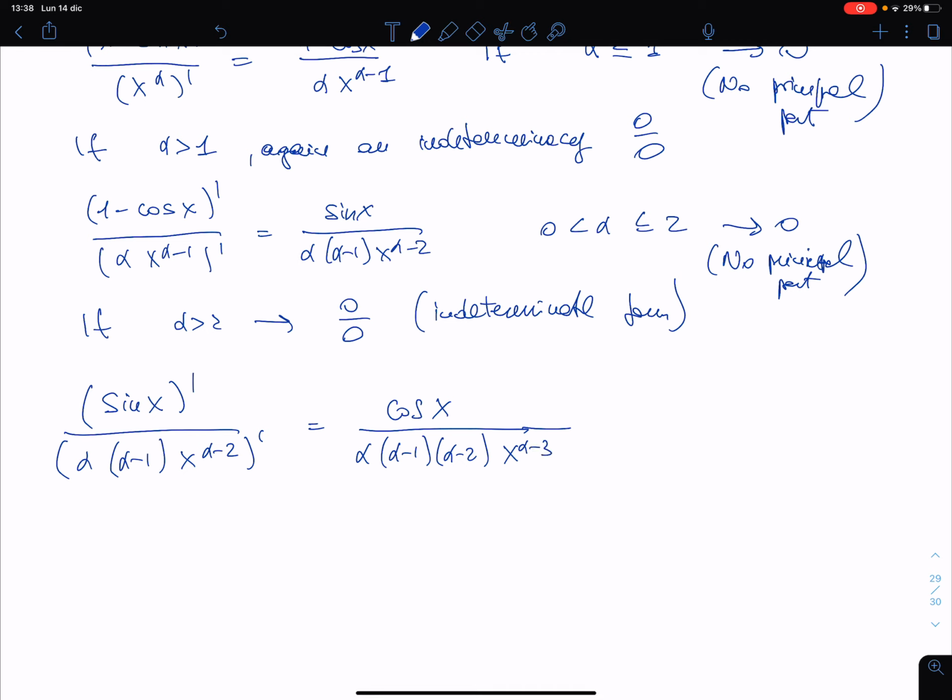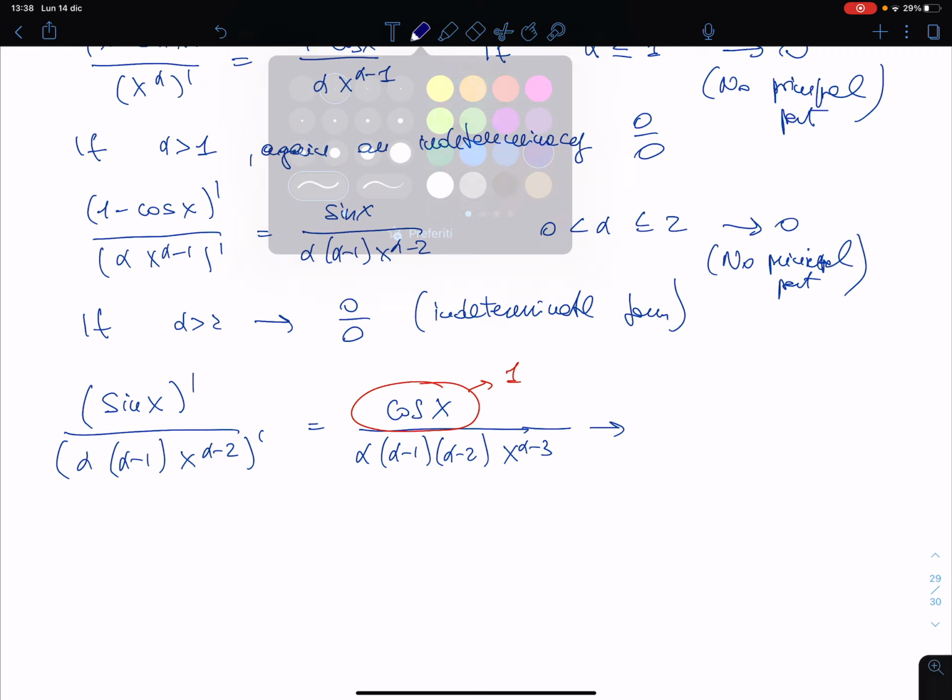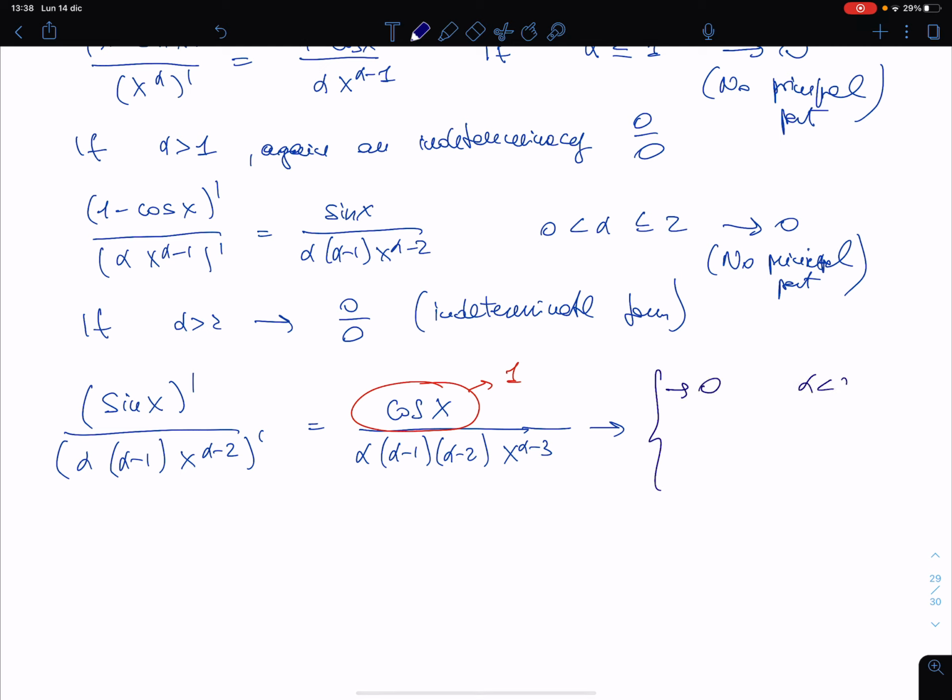And here we obtain something interesting, because cosine doesn't go to 0 here. So this goes to 1, so we cannot fall into another indeterminacy. And here we have the result of the limit. This goes to 0 if alpha is less than 3.